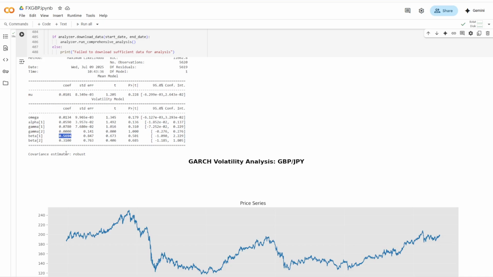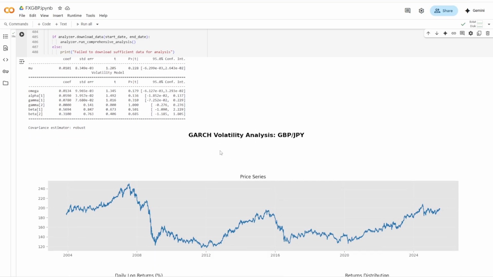But now that I'm looking at the p-values, these don't fit very well as statistically significant values, so I will take it with a pinch of salt.